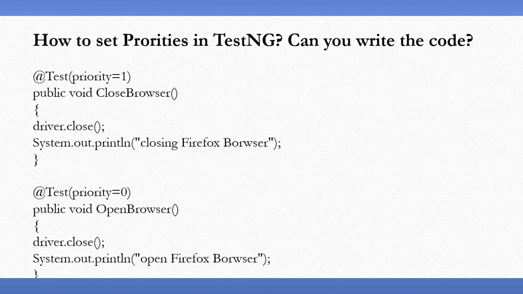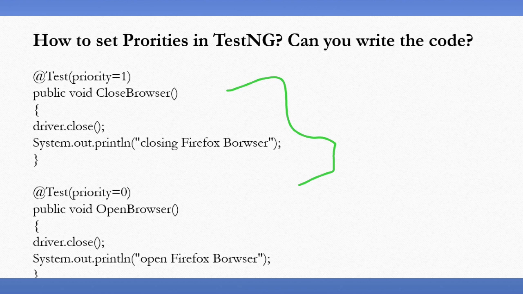The next question is, how to set priorities in TestNG? Can you write the code? Here the interview panel wants to check your coding skills, how confident you are writing code in Selenium scripts. So you have to write the code like this to set the priorities in TestNG. See here the example, @Test, you are passing priority equal to 1, and you need to write the test script within the method.